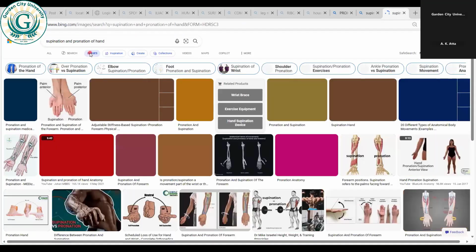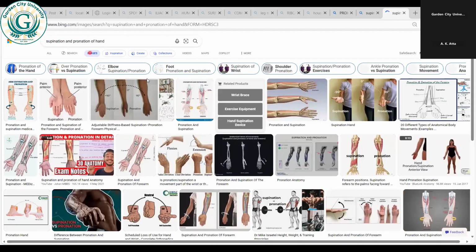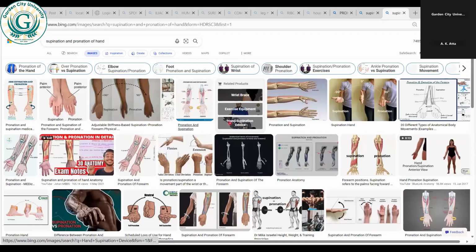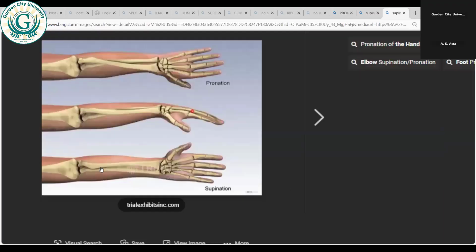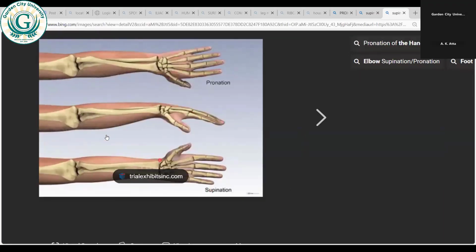So if you look at the movement that we are calling pronation and supination, you realize that you see here, this is supination and this is pronation. You see that the head of the radius, we are saying that it's a pivot. The proximal radioulnar joint is a pivot type of joint. The head moves, rotates.